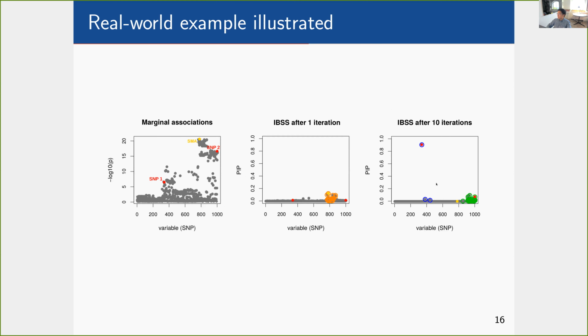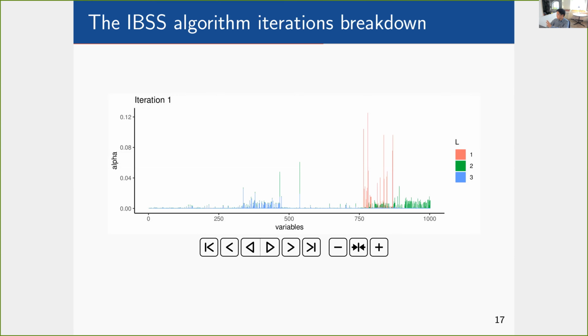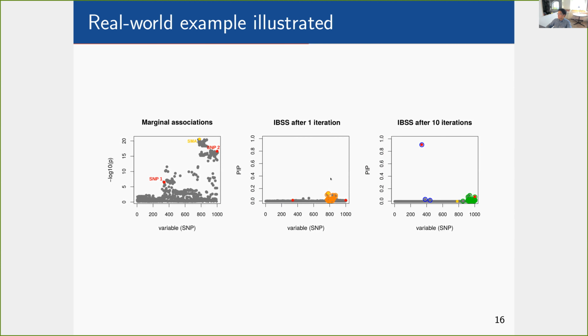So the way this works, we do actually have a cartoon, but it just doesn't work on this browser. So I'm just going to say quickly, if you start with what we call the strongest marginal association, our algorithm, if you iterate only once, it's still going to pick that up, although much lower. But after a few iterations, the top one will be dropped. The slides are available on the Google Drive.